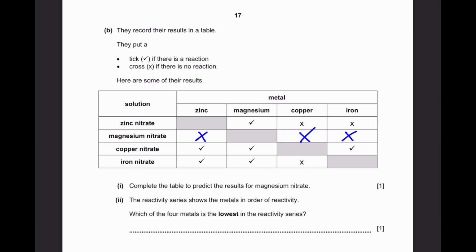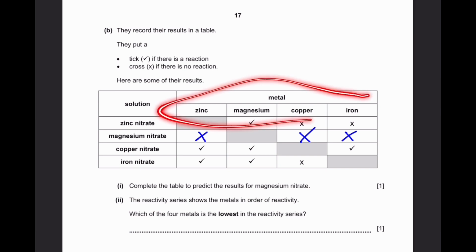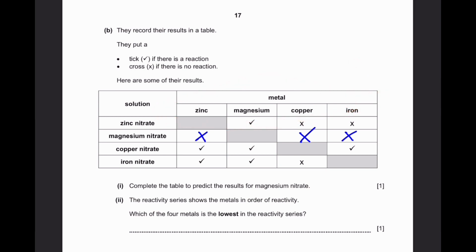Number 2, the reactivity series shows the metals in order of reactivity. Which of the 4 metals is the lowest in the reactivity series? So we see which one of these metals reacts with none of them or reacts with very less of them. By them I mean these solutions.